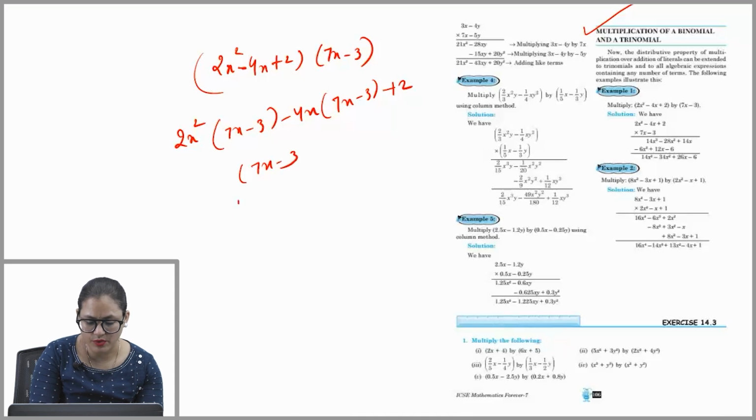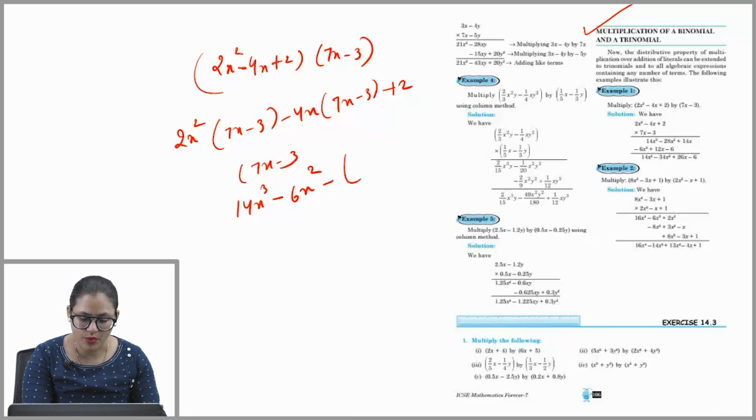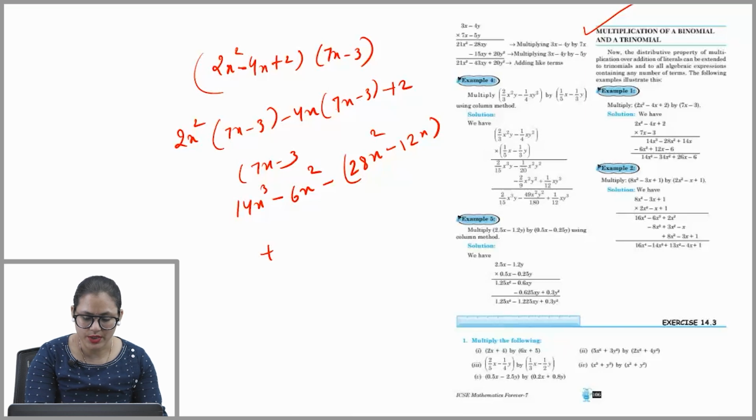2 into 7 is 14x cube minus 2 3s are 6x square, okay. Now minus in bracket 4 into 7 is 28x square minus 12x, plus 2 into 7 is 14x minus 6. 14x cube minus 6x square.